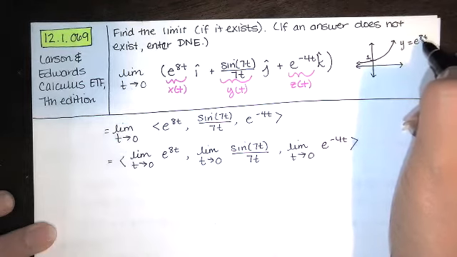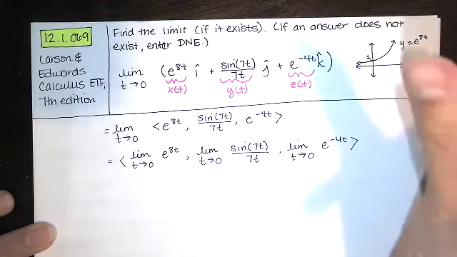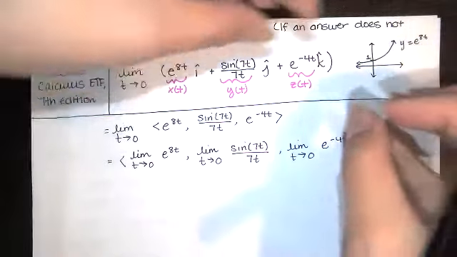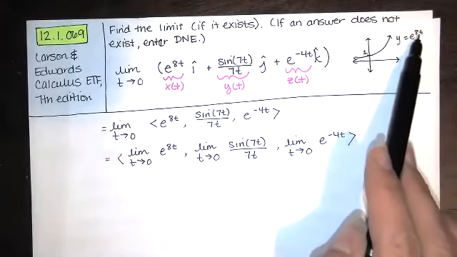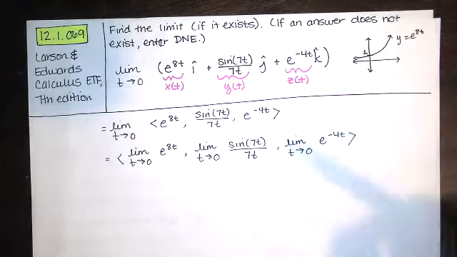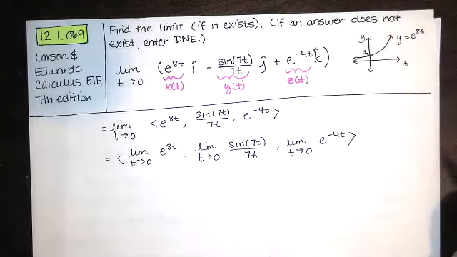Multiplying the t value by 8 compresses the graph horizontally or stretches the graph vertically. But I'll leave those details for college algebra. This is the basic shape of the graph.